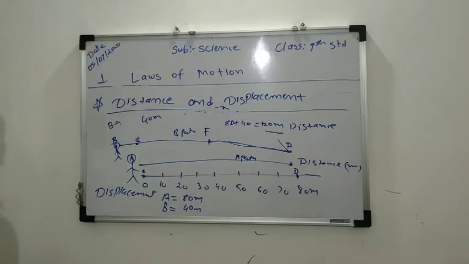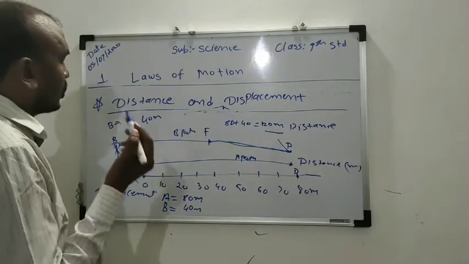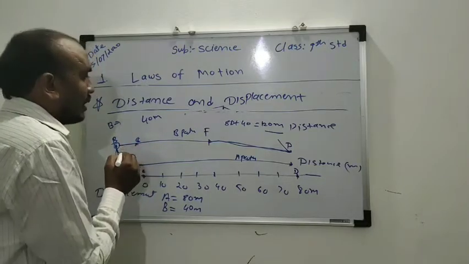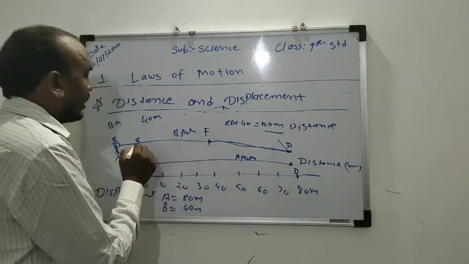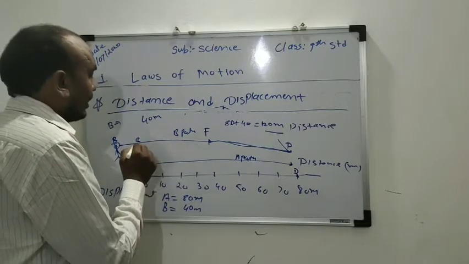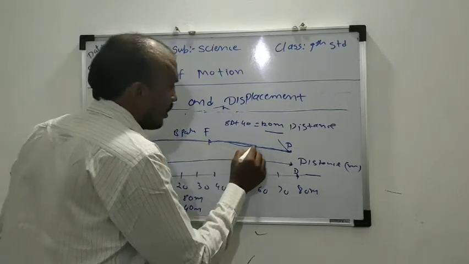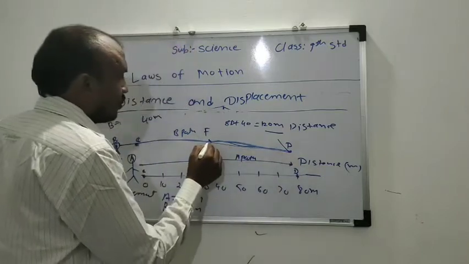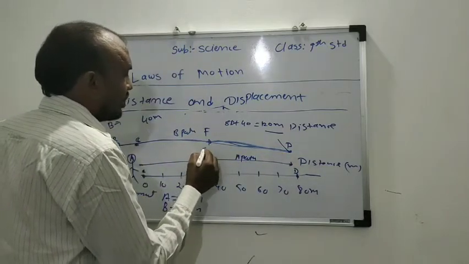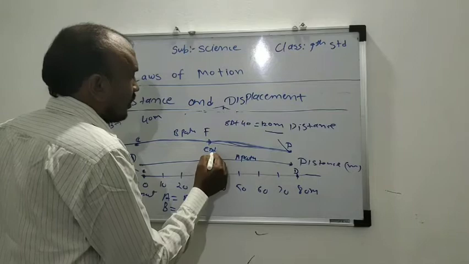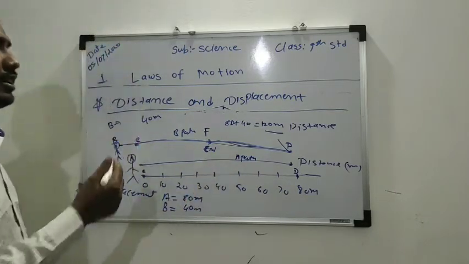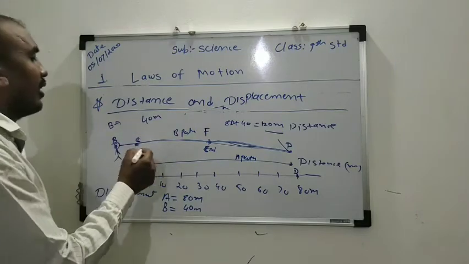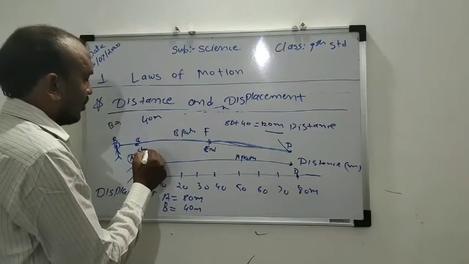The displacement is the minimum distance between the starting point and finishing point. So simplest way, displacement means what? Minimum distance between the starting and the ending point. Here is the starting point. We travel from here and again back to here. Here is the end point, the final point, and here is the start point.